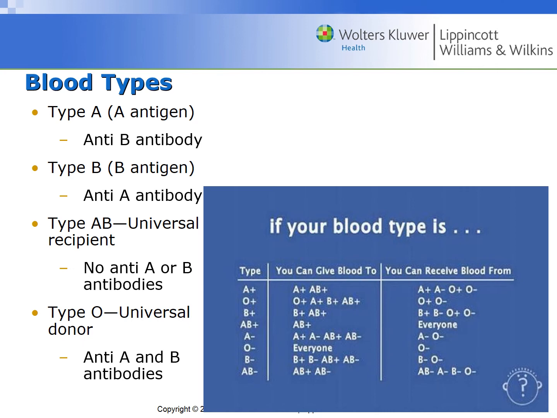Well, in my case, type O positive, I can give blood to everybody who is positive. So O positive, A positive, B positive, AB positive, everybody's good. Type O negative could donate to everyone. The drawback to the type O negative is they can only receive blood from O negative donors.